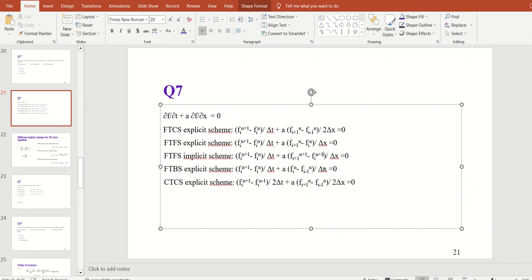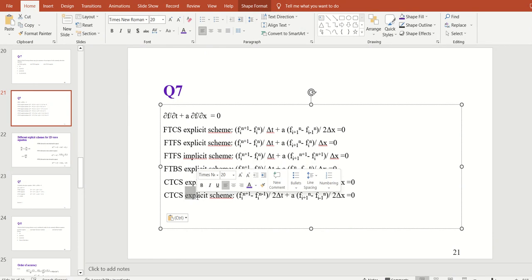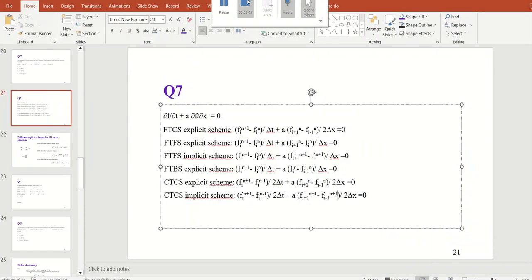To become implicit we should change the time step to n plus 1. Similarly for CTCS we have written it for explicit. To get it done for implicit, we should be changing it to the n plus 1th time step rather than the nth time step. So it is n plus 1. I hope this is clear.